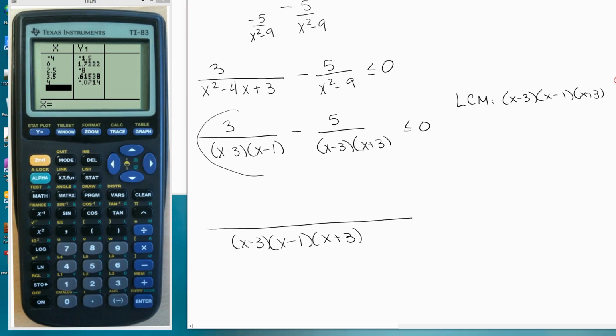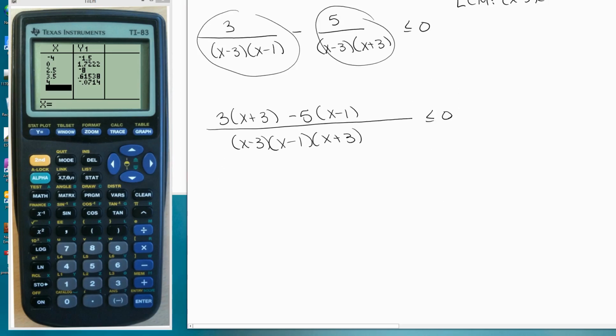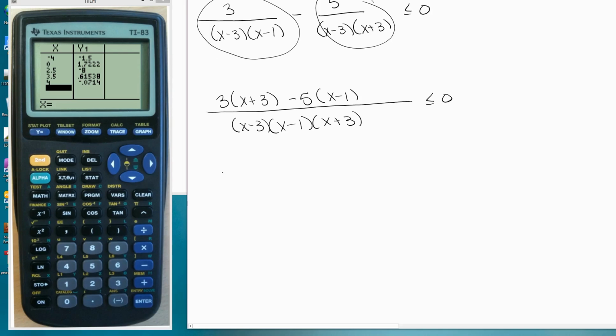So this fraction, we don't have an x plus 3, we have the other two, so we have to multiply the 3 by the x plus 3. And this one, we don't have the x minus 1, so we'll have 5 times x minus 1. Okay, so we're going to distribute the 3, so 3x plus 9, and distribute the minus 5, so minus 5x plus 5.